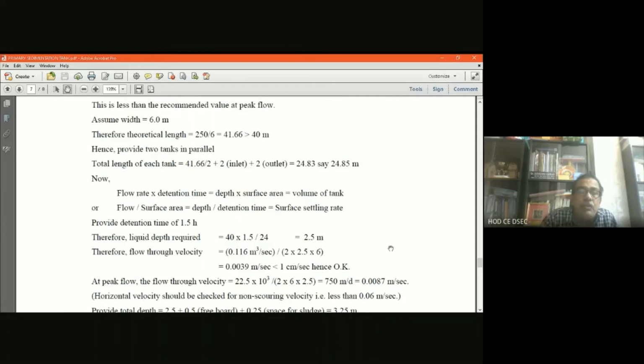I mean, what is 40? 40 into 1.5 divided by 24. Now you see, the liquid depth is nothing but the surface settling rate into detention time. Now surface settling rate is 40. So 40 into detention time, that is the assumption you have already taken at the very beginning.